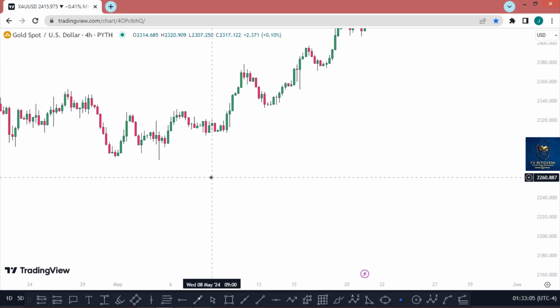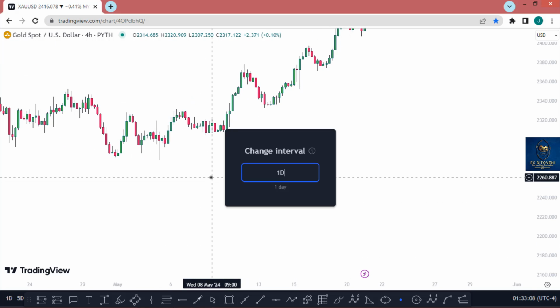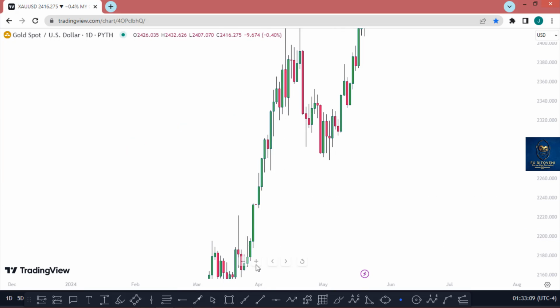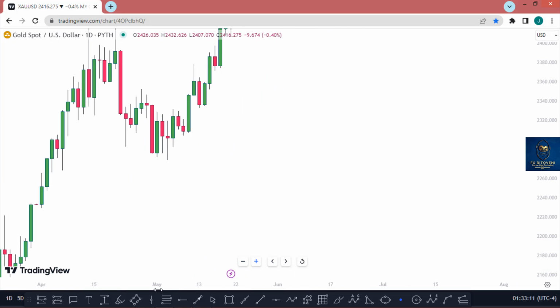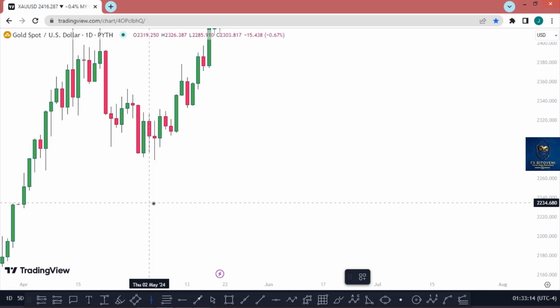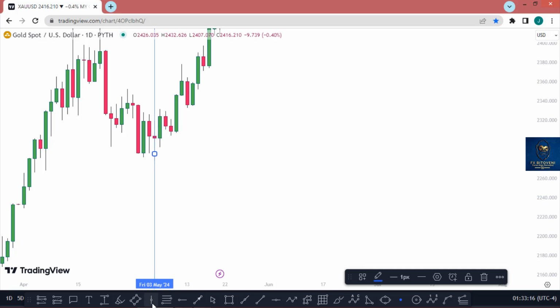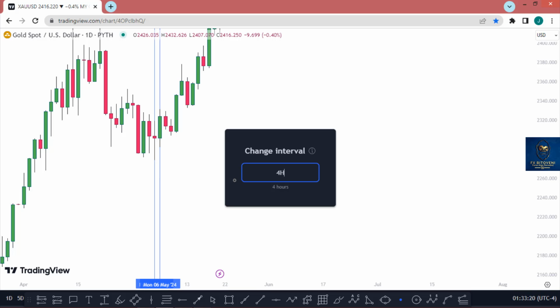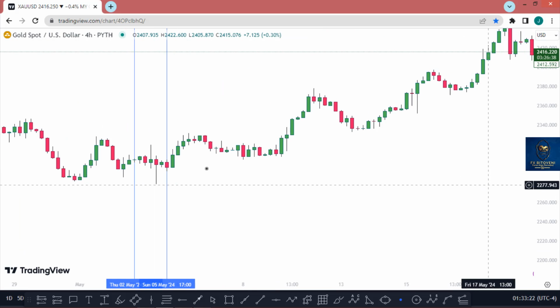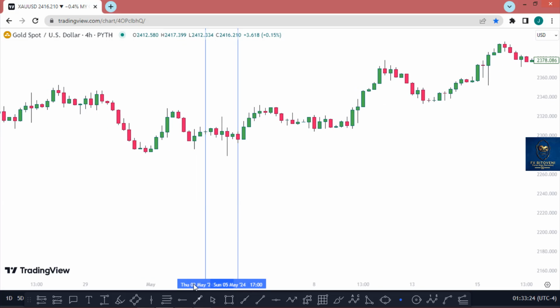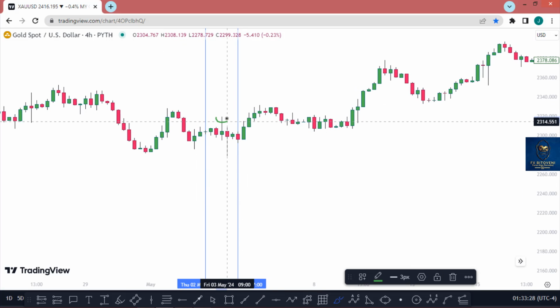So we were here on the daily time frame. Right here, Bitcoin. And then you switch to 4 hour. Remember, we are trying to see what was going on here from here all the way down here.